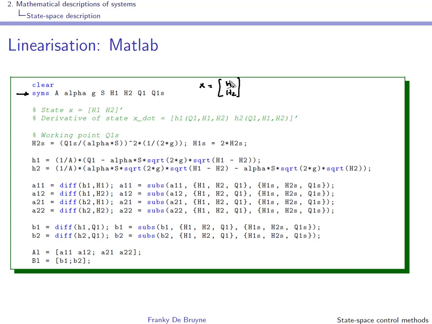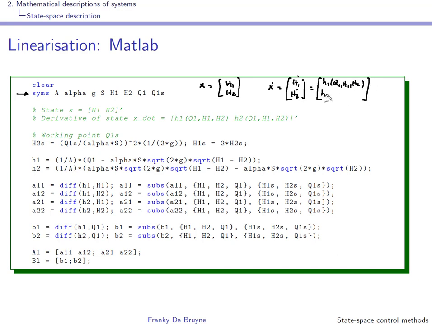So the level in tank 1 and in tank 2, and X dot is H1 dot, H2 dot, and this is equal to H1 of Q, H1, H2, right?